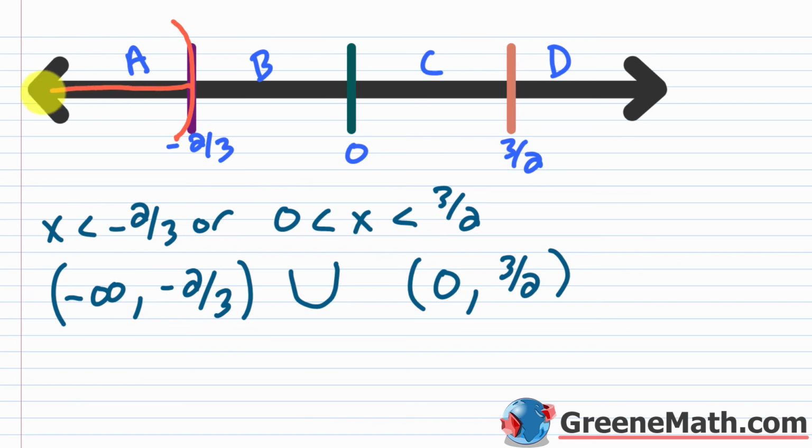And then I'm just going to shade everything to the left. And then over here, I want to find 0, put a parenthesis there because it's not included, and then find 3/2 as well. Put a parenthesis there because it's not included. Again, you can always use an open circle to exclude something, and then I'm just going to shade everything in between. Okay, so x can be anything that is less than negative 2/3, or x could be anything that's greater than 0, going up to and excluding 3/2.